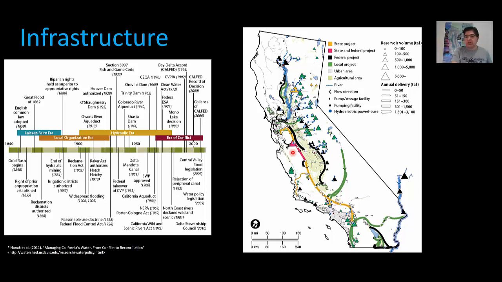Later the State Water Project came in line when it wasn't possible for the feds to continue doing this, and now the state can put in some dollars and start building the State Water Project from the Feather River all the way to Southern California.